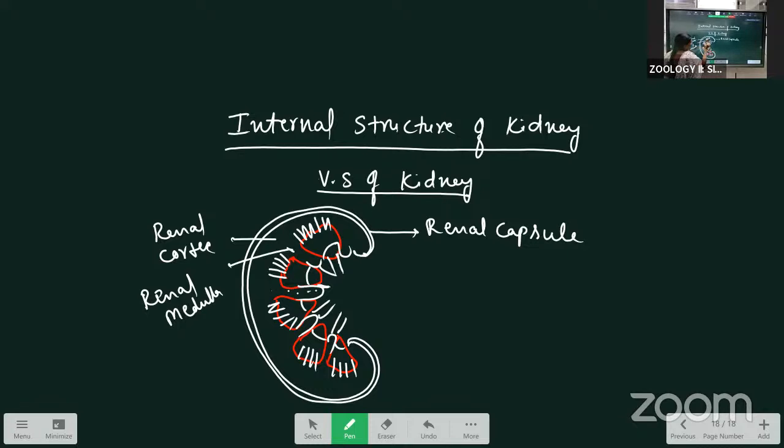The renal medulla has columns present, called renal columns, also called the columns of Bertini.